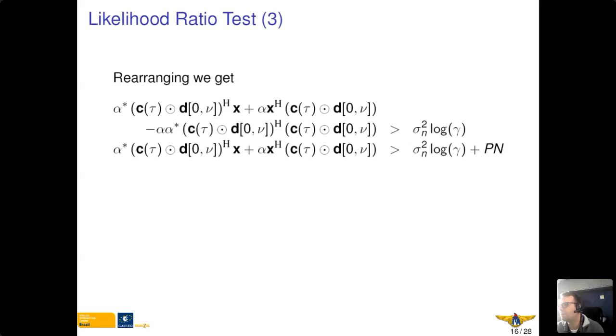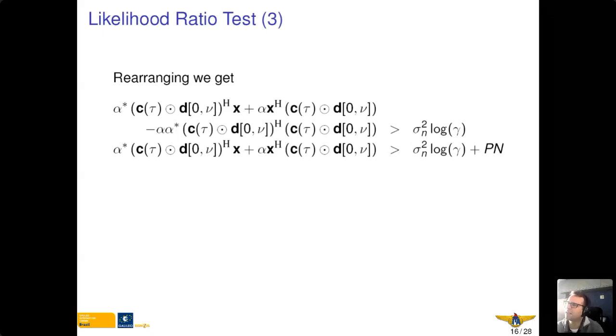And I pointed out earlier that c(tau) Hadamard d0(nu) Hermitian, times c(tau) Hadamard d0(nu), is equal to n. So we have p times n, and we can move this to the other side, and this is then not dependent anymore on the parameters.